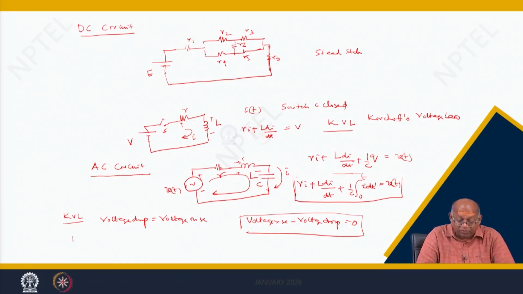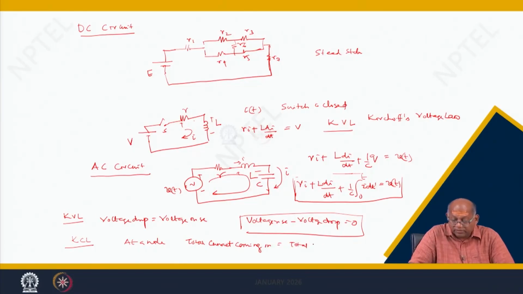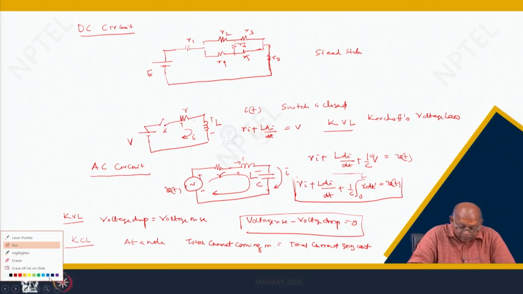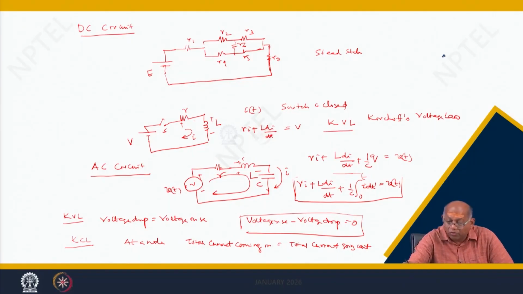Then similarly, there is Kirchhoff's current law, that means at a node, the total current coming in is equal to the total current going out. That is called Kirchhoff's current law. For example, this is the node.